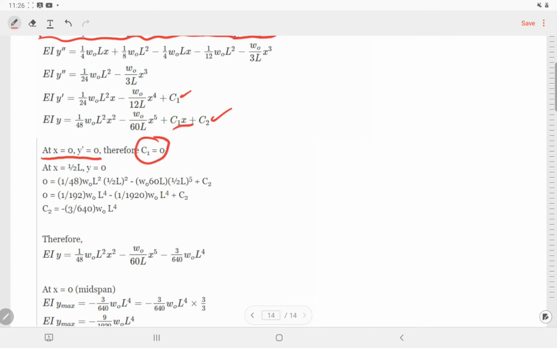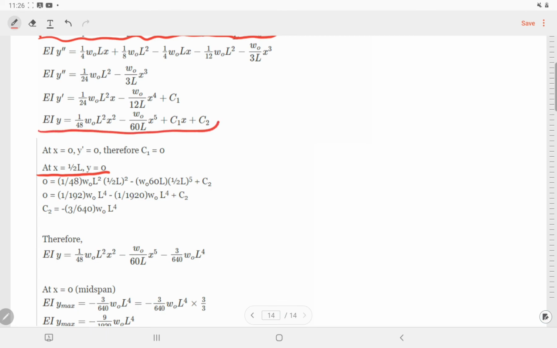Then we can find c1 equal to 0, because I'm going to use this equation. EI y dash is going to be 0, equal to this 0 and this 0, then c1 should be equal to 0. After that, we use another condition, which is x equal half L, y equal to 0.